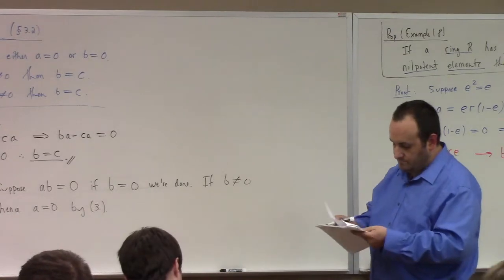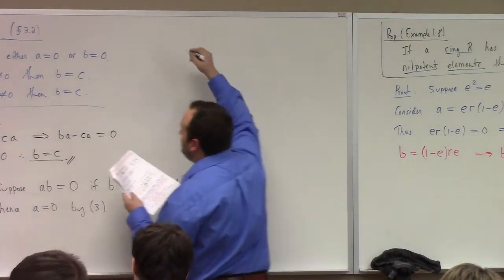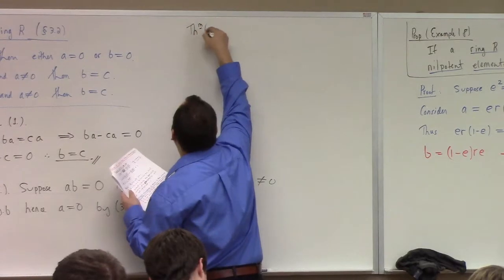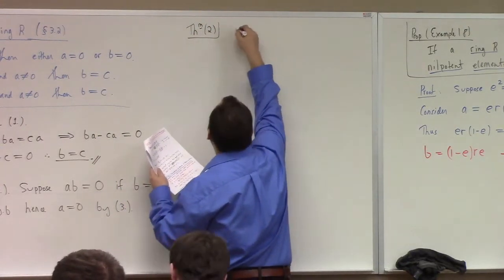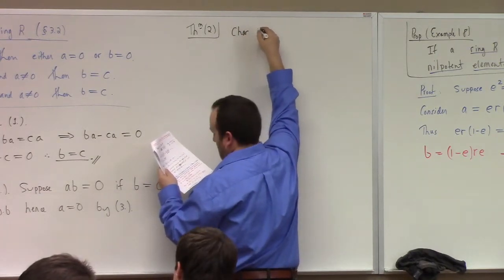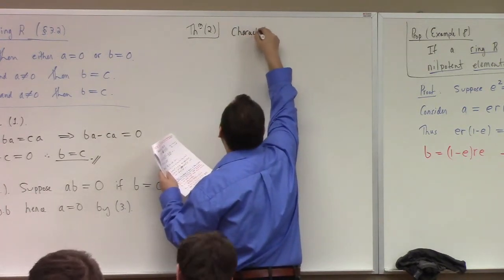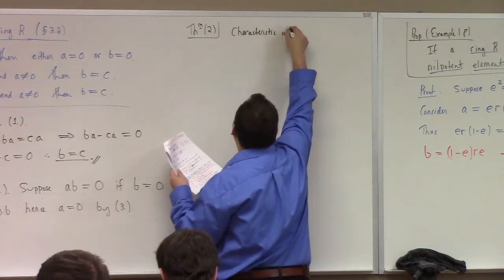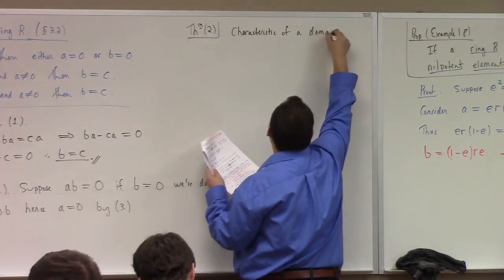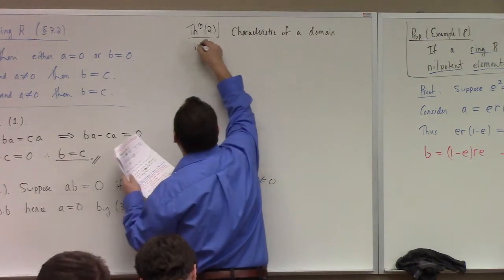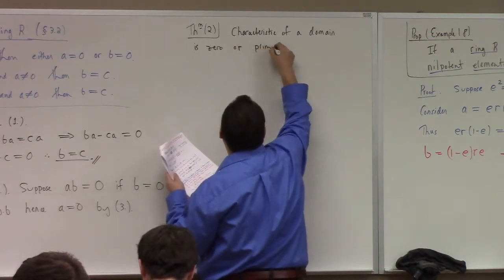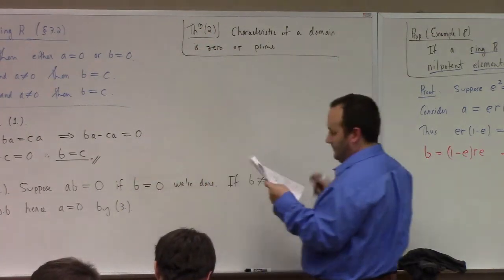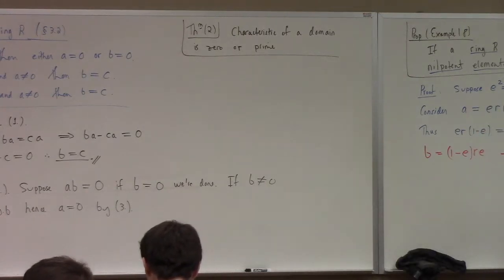Theorem 2 is marginally interesting. It says that the characteristic of a domain is 0 or prime. So if the characteristic is 0, great, we're done.